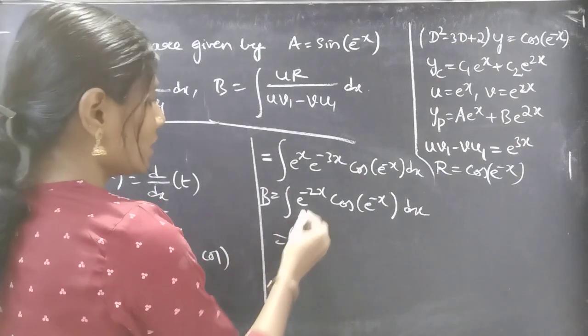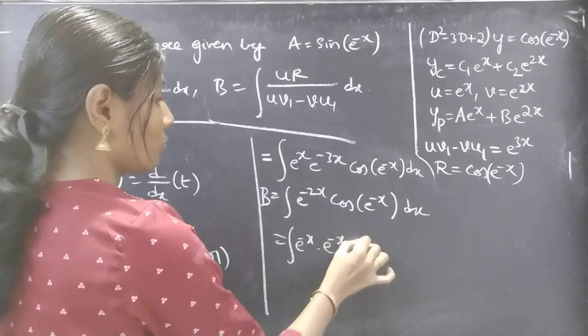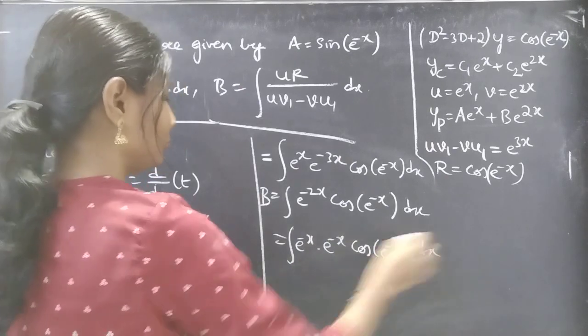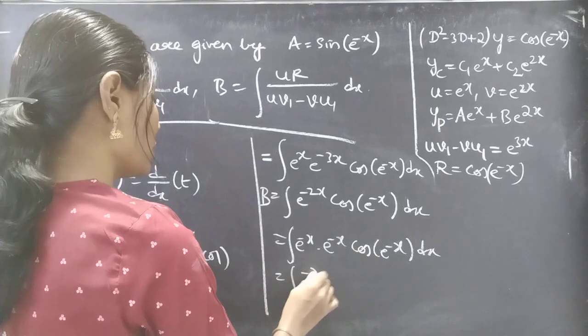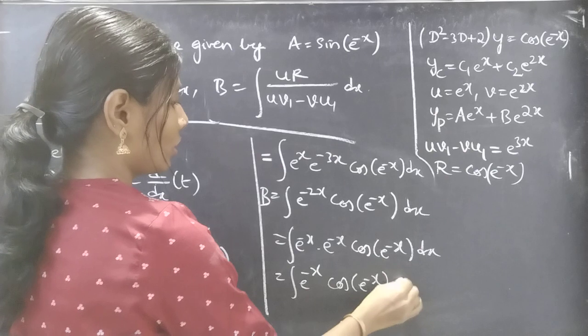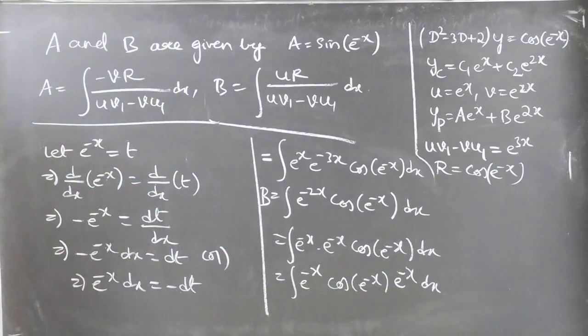So I'll split e power minus 2x as e power minus x into e power minus x for my convenience, so that in the next step I can replace e power minus x into dx with minus dt.